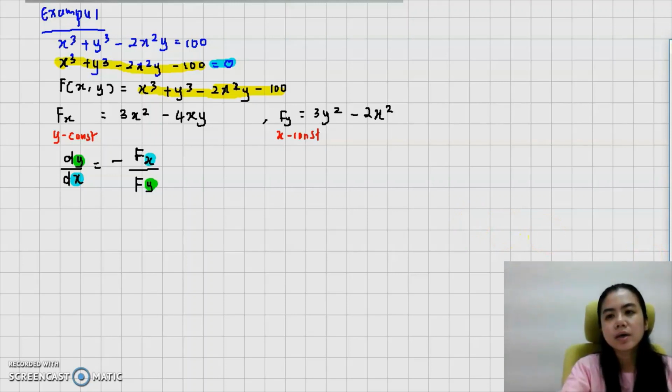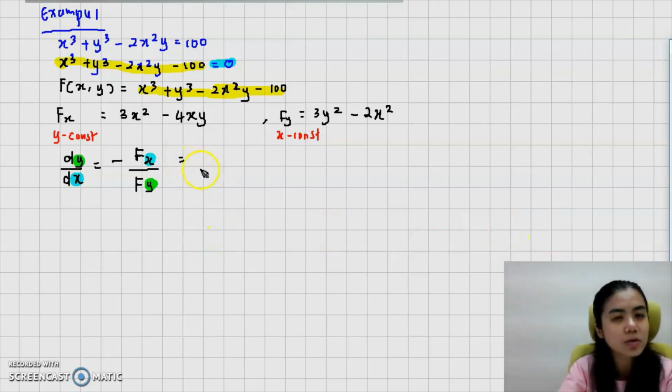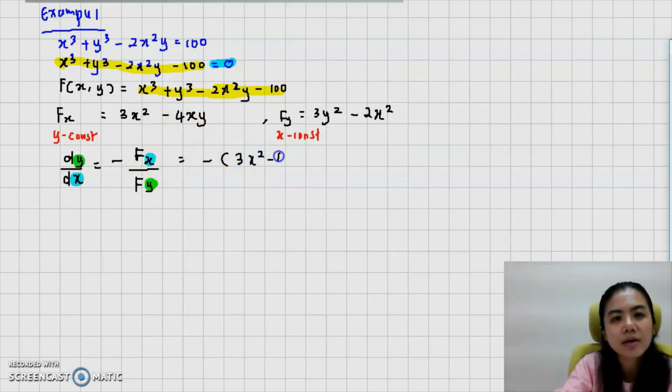Now you have to do the substitution. You will have minus. In order to avoid mistakes when you substitute, make sure you put brackets for the fx, so you have 3x squared minus 4xy here.